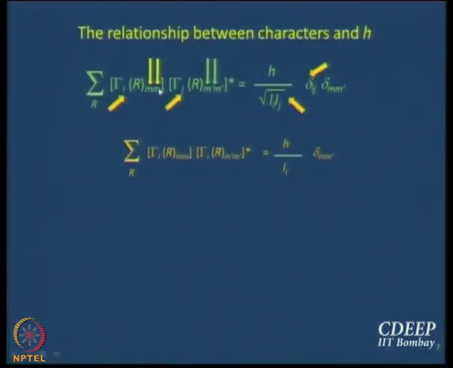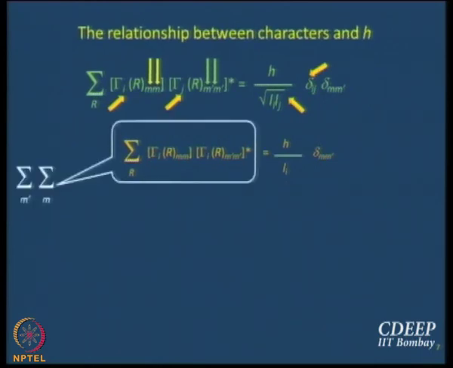Here, what I am saying is I want to work only with characters, so I am only worried about the diagonal elements. I don't care about the off diagonal elements. Only when m equal to n and m dash equal to n dash, those are the only elements that I am working with. I throw the others. Okay, so this is what it becomes. Now I want to get rid of m, so it makes sense if I sum over all m's and all m dashed, then it will not be dependent on m anymore.